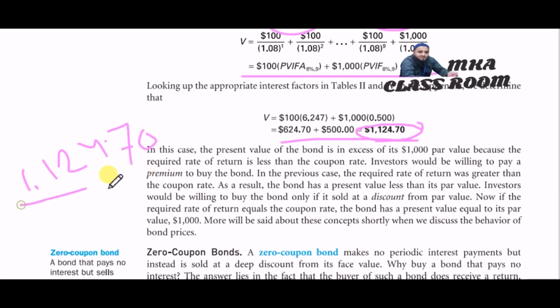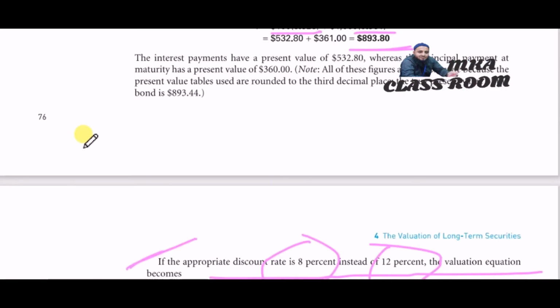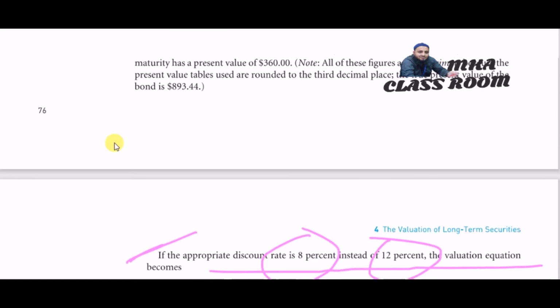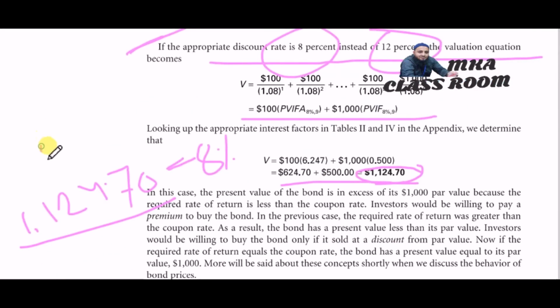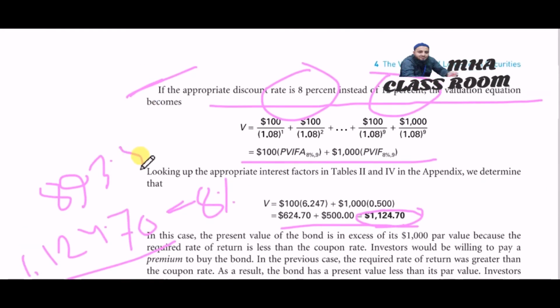Why is the value 1124.70 taka? Its required rate of return is 8%, whereas when our required rate of return was 12%, the value was 893.80.